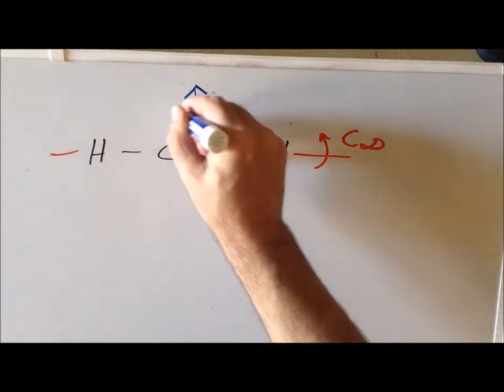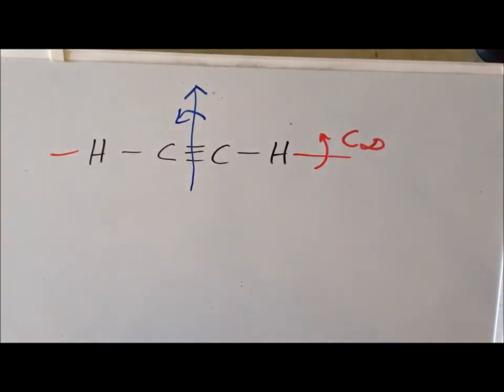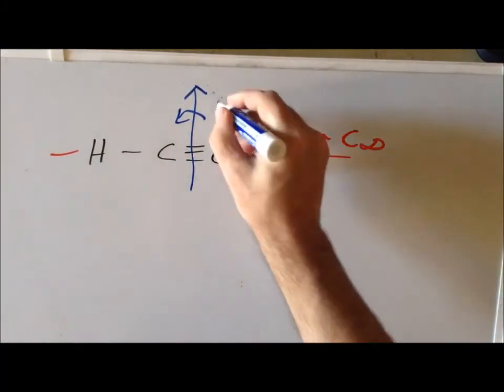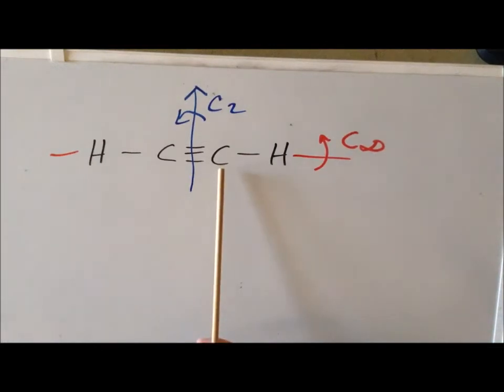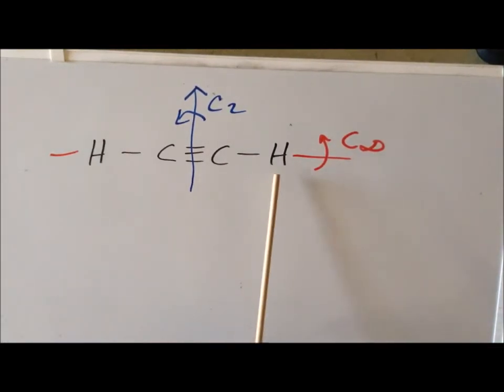So we have a C2 axis, but it doesn't run through an atom, it goes between two. But we notice that if I do a C2 rotation, it will take this carbon atom to that carbon atom, this hydrogen to that hydrogen. So in that case, it tells us that we have the point group D infinity h.